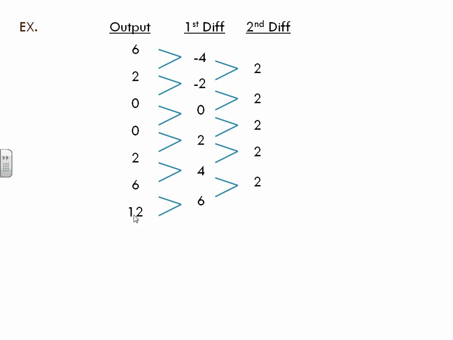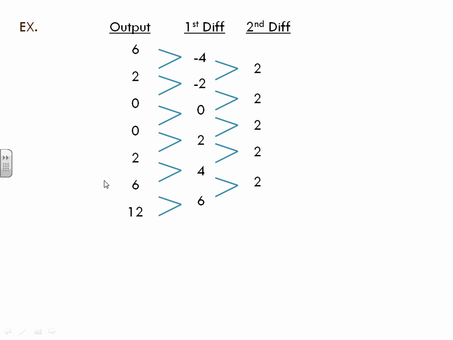Now, had these been different, and we continued on to figure out the third differences, and they were the same, I bet you can extrapolate from that and think that it would generate a cubic function, and you would be right.